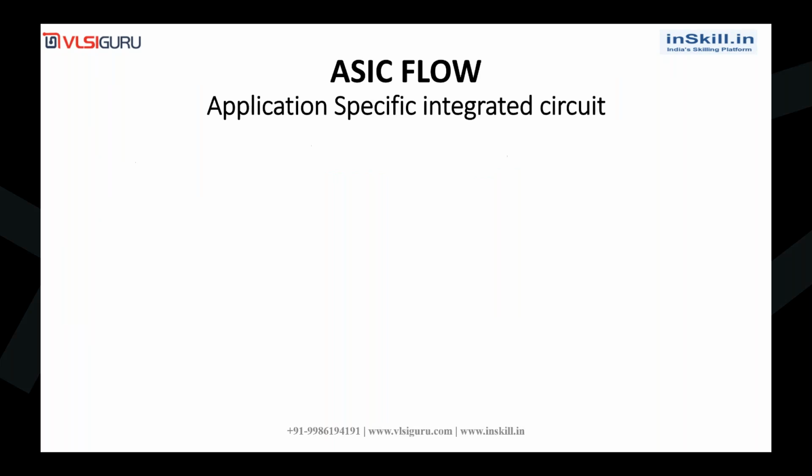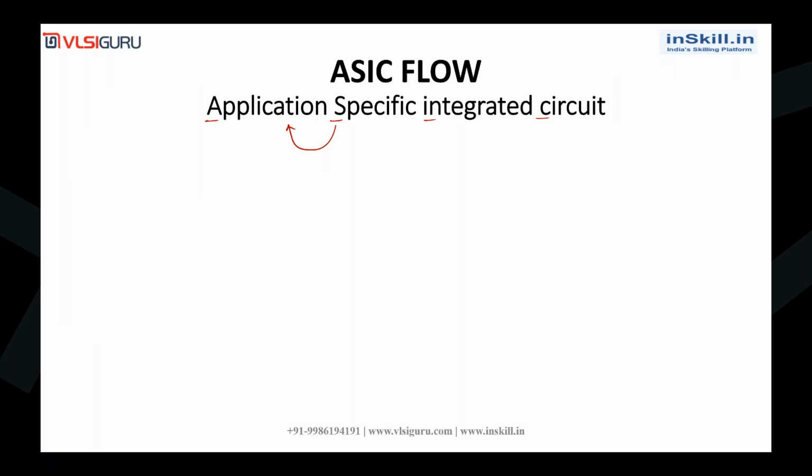Next we'll go to the ASIC flow. The full form of ASIC is application specific integrated circuit, which means the IC which we are designing will be specific to a particular application.